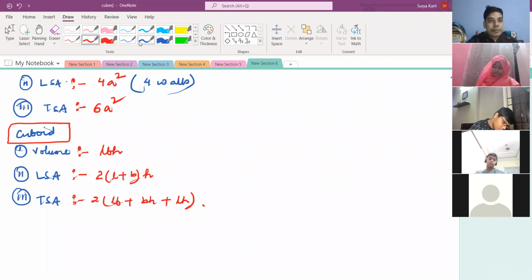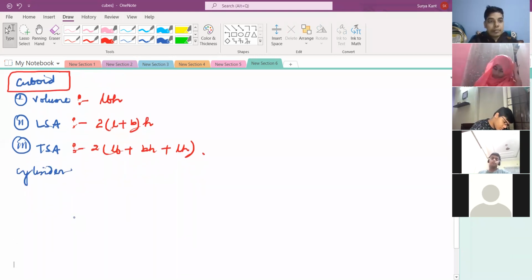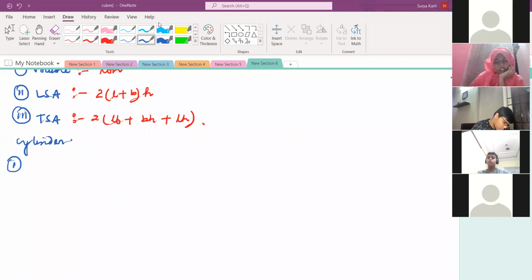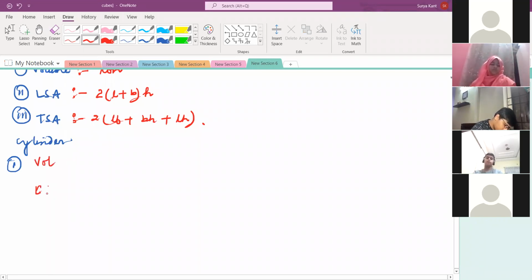So for the cylinder, first one is volume, then LSA, CSA and TSA, right? So what is the volume for this?